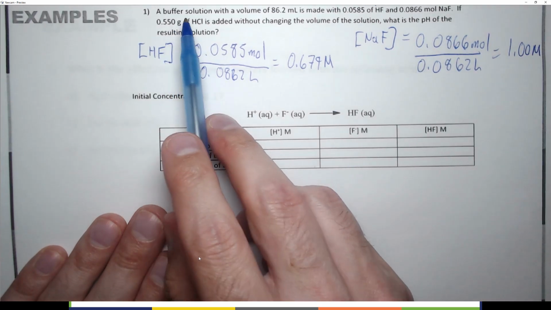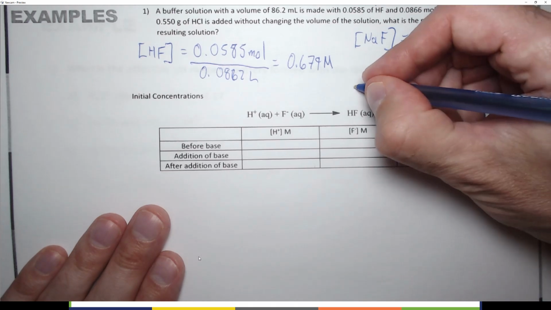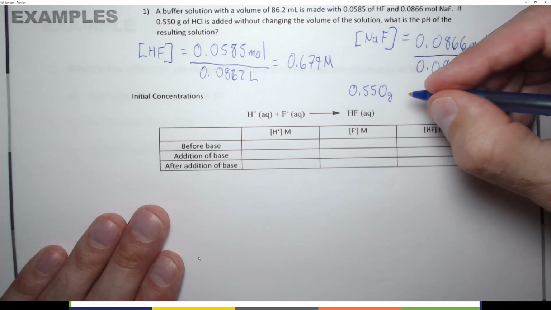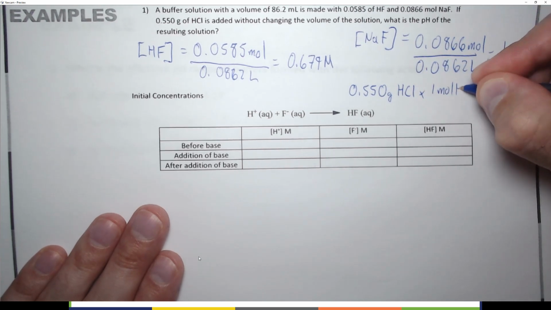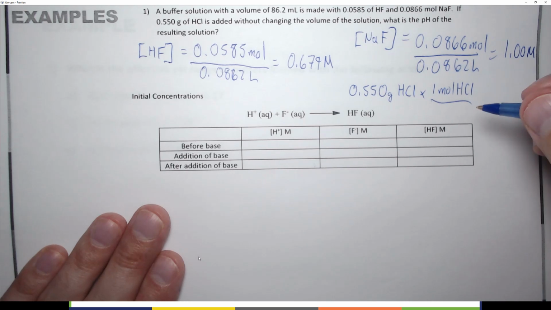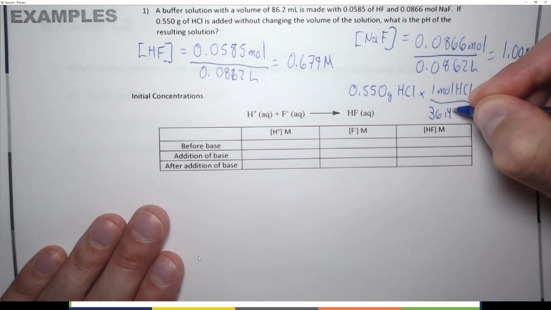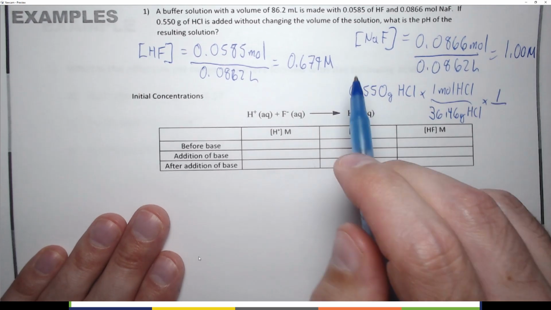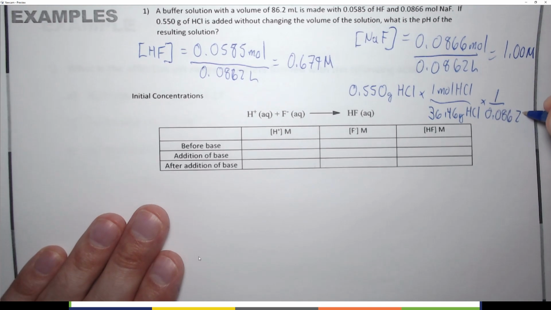For the HCl, I again want to go from grams to moles and divide by liters. So I want to take the 0.550 grams of HCl times 1 mole of HCl, and you can look up the molar mass on the internet or just from a periodic table, divided by 36.46 grams of HCl, times 1 over the volume in liters, so 0.0862 liters.